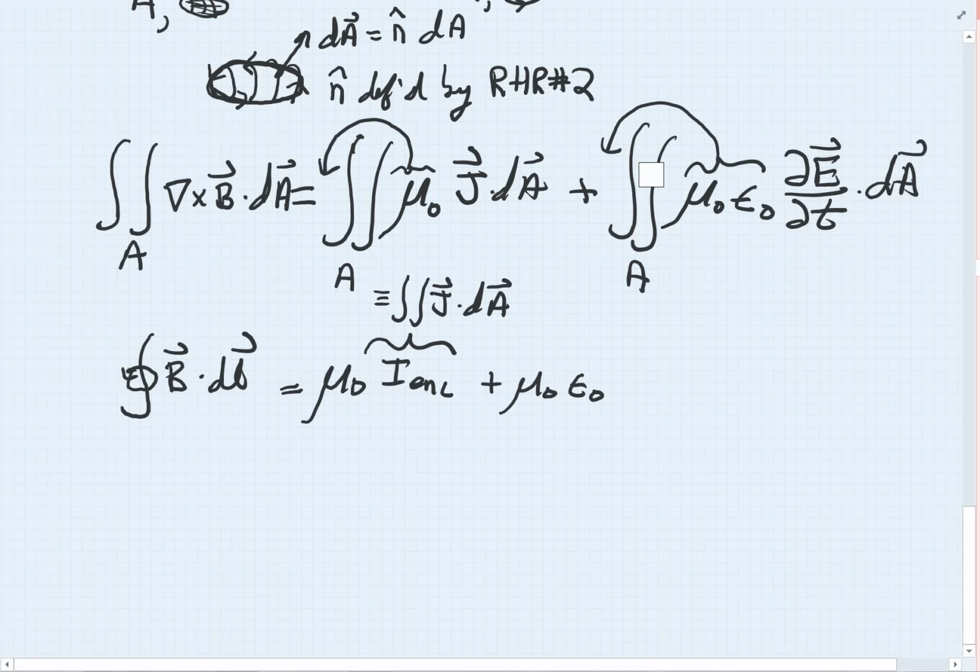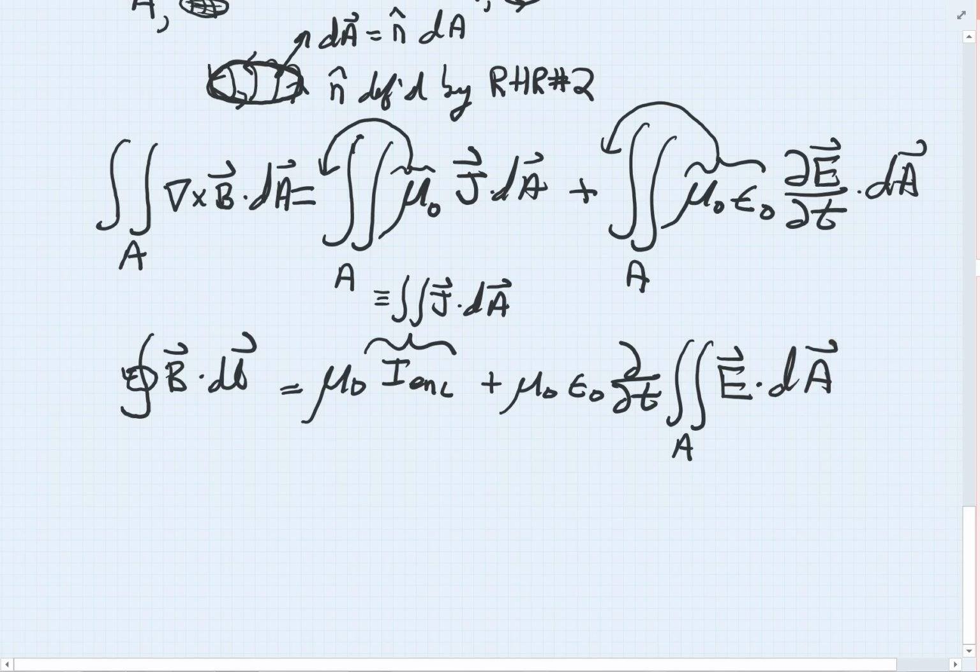But the sum of a set of time derivatives we know equals the time derivative of the sum. So we have then the time derivative, and what we're left with is the sum of E dot dA, but that is just another way of writing the integral over that area of the electric flux, it turns out. Integral of those E dot dAs.